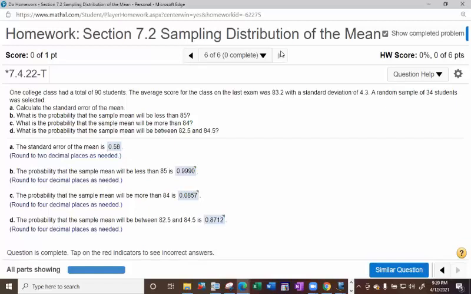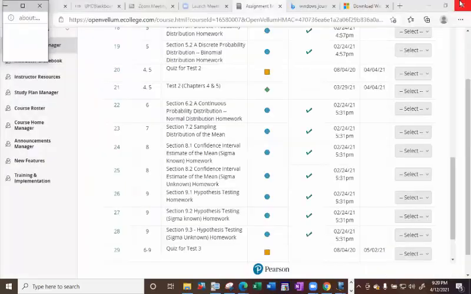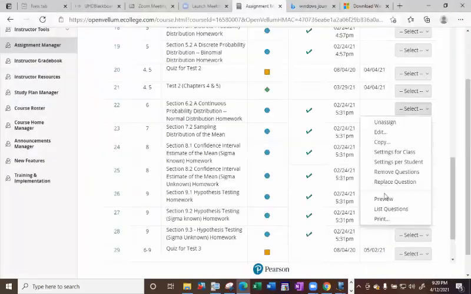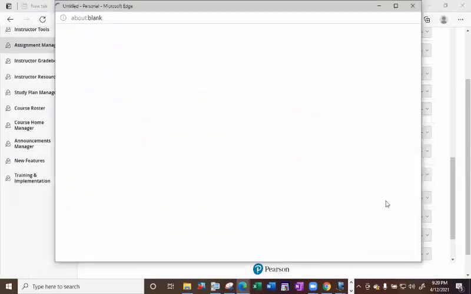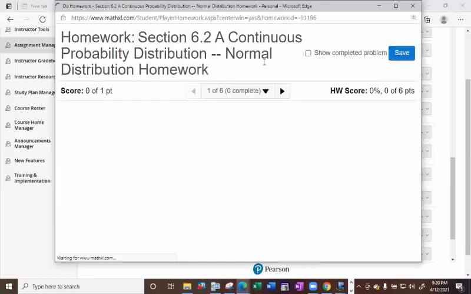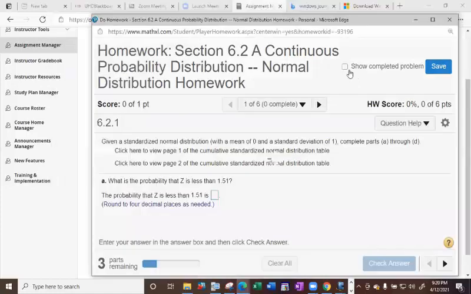No, it was the percentiles. I think it was the percentile homework. Let me bring up 6.2 at the end of that section. Let me just go right to number 6, or flip ahead. This is going to either be the last one or the next to the last one.